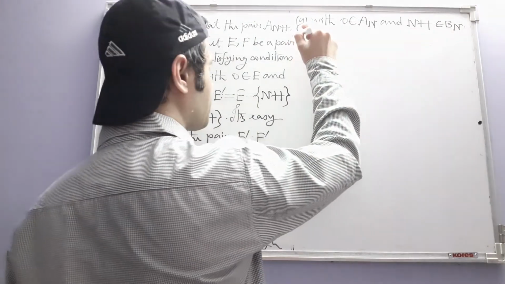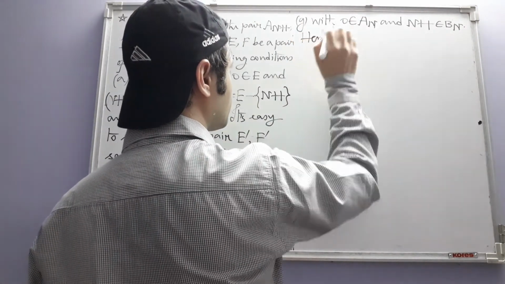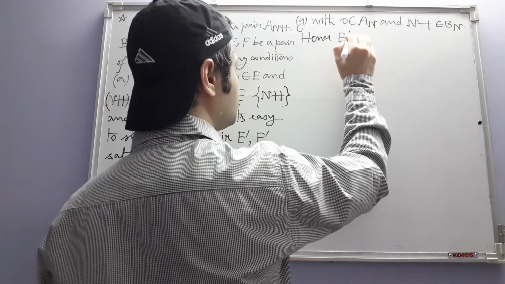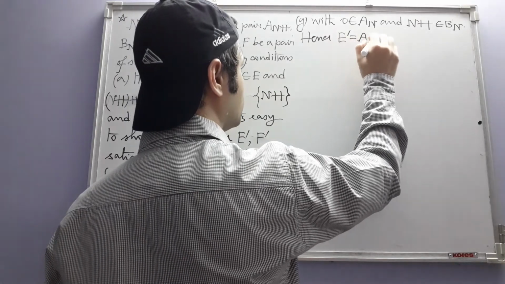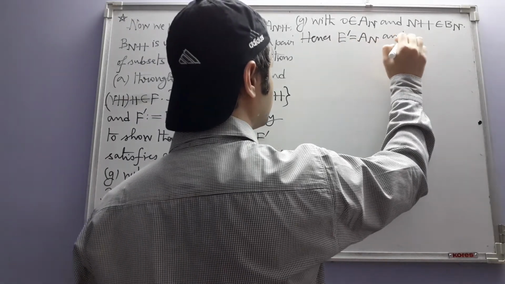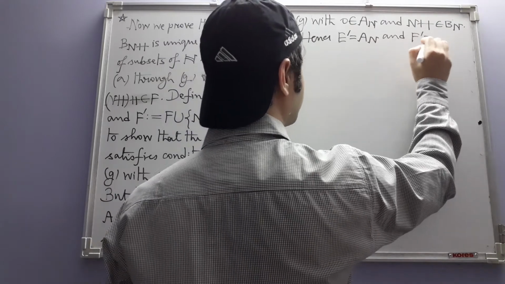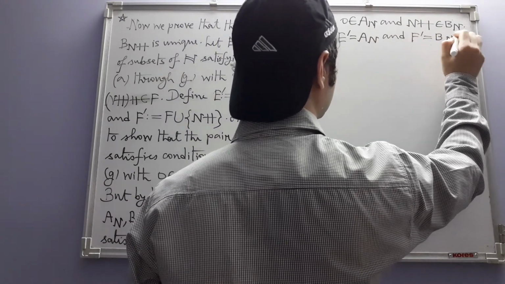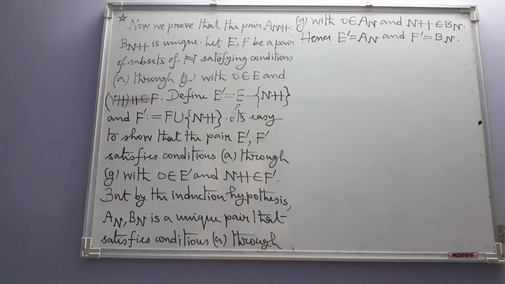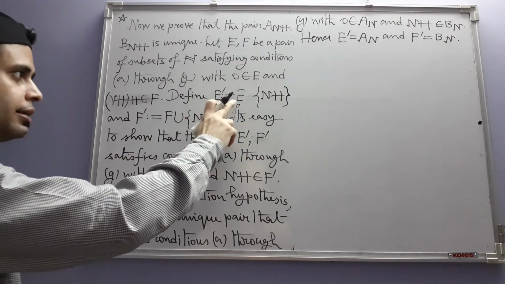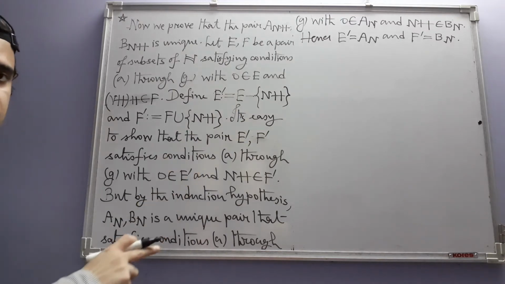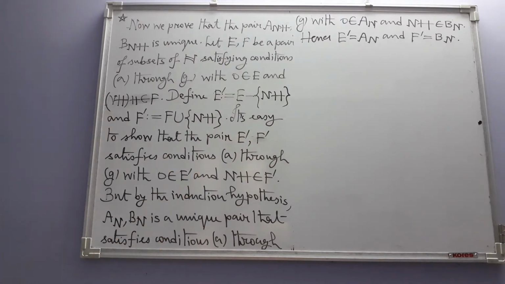Hence, E prime is equal to An and F prime is equal to Bn. Using these two equations, we will be able to prove that E is equal to An plus plus and F is equal to Bn plus plus.